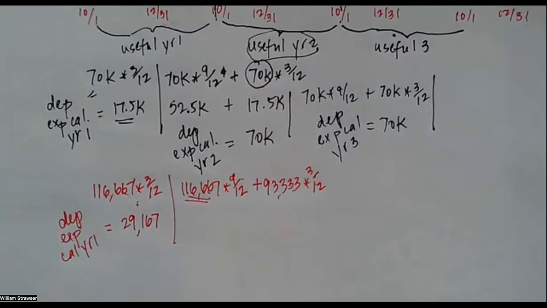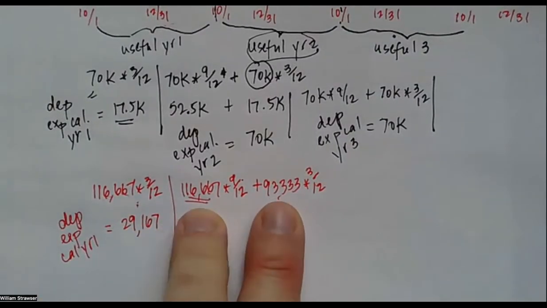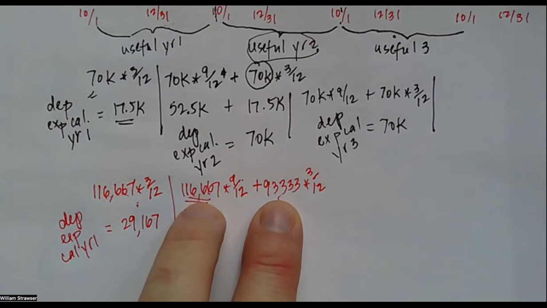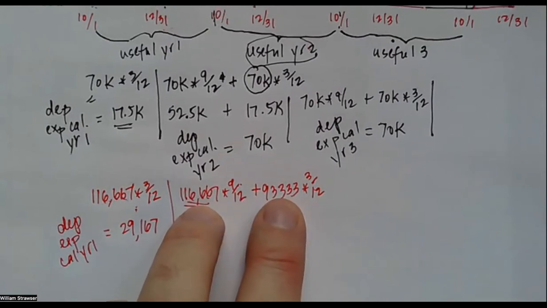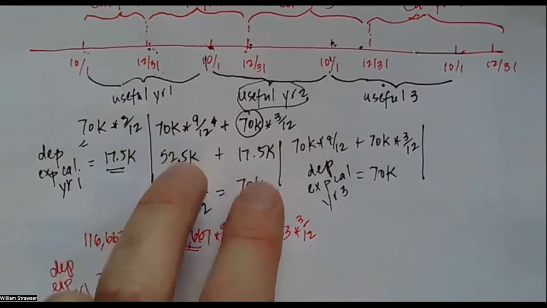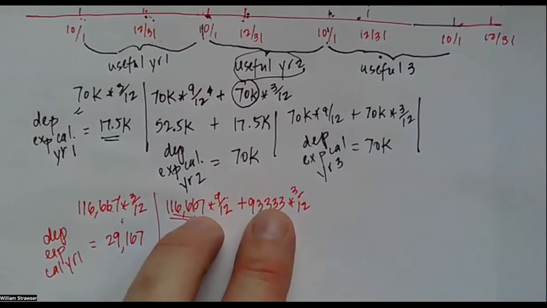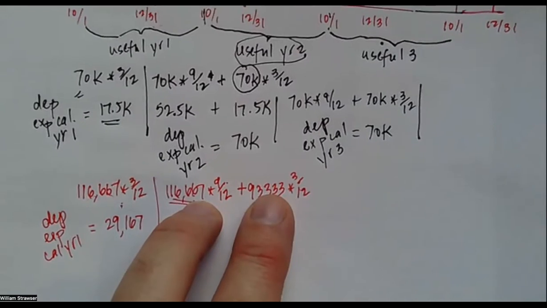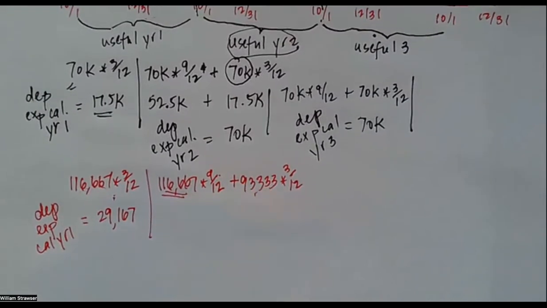So we don't have the same estimates for my first useful year and my second useful year, unlike was the case with straight line depreciation. So that makes this weighting more relevant when we're doing partial periods.